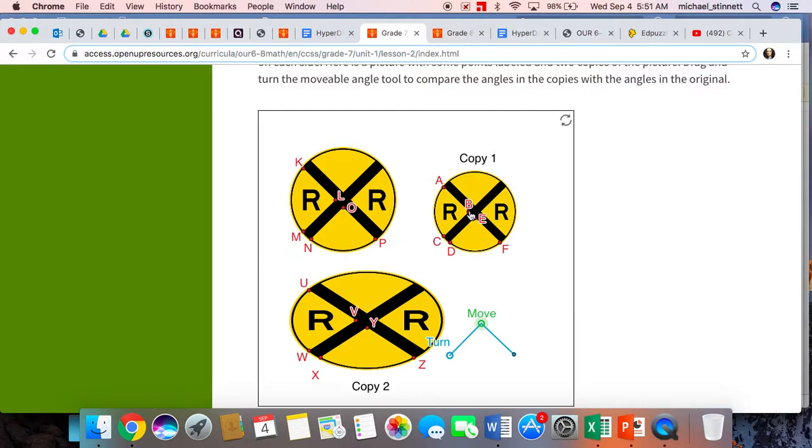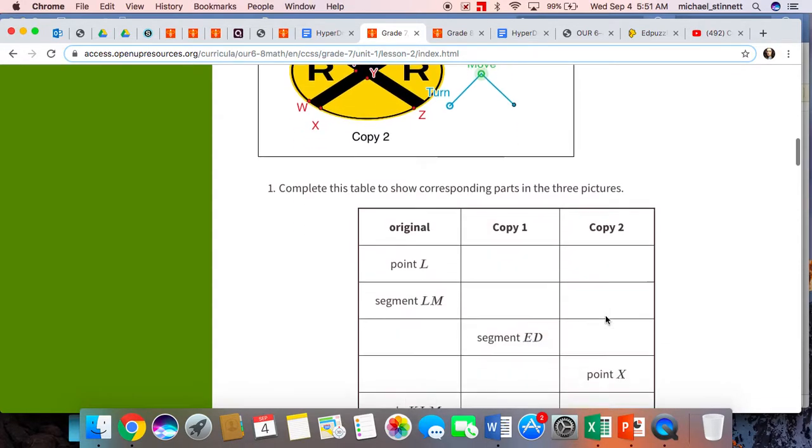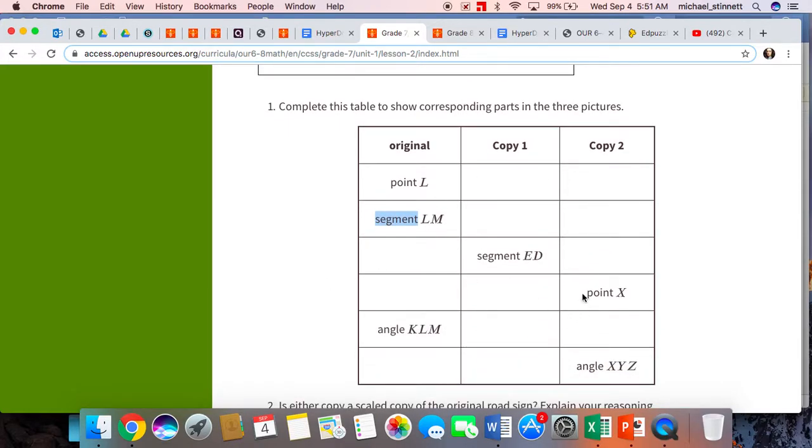Well, I just come over and look at the same part of copy 1, the matching part, the corresponding part, and it goes from B down to C. So what I would do is here I would write for copy 1, segment B, C. Okay? Again, if you have any trouble filling this out, just go ahead and raise your hand and we will come around. You can pause the video at any time while you're working on that.